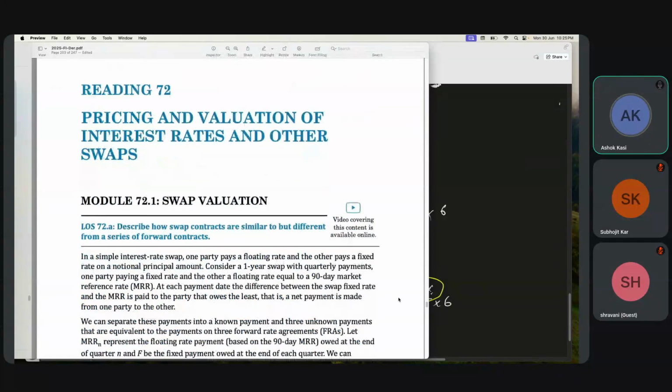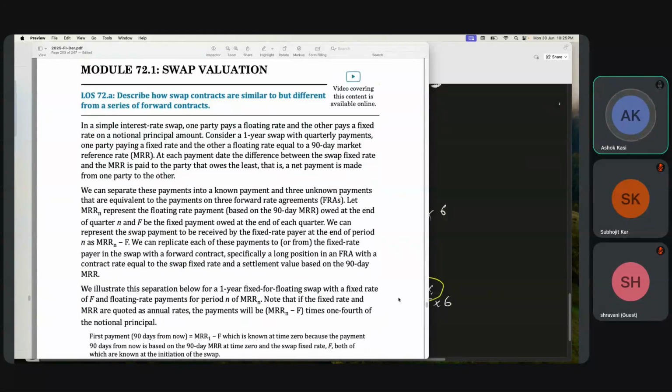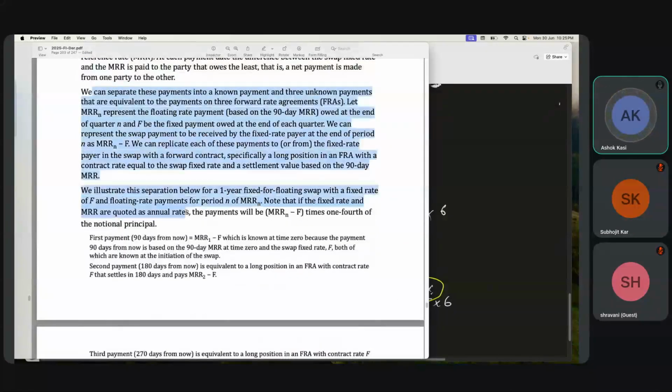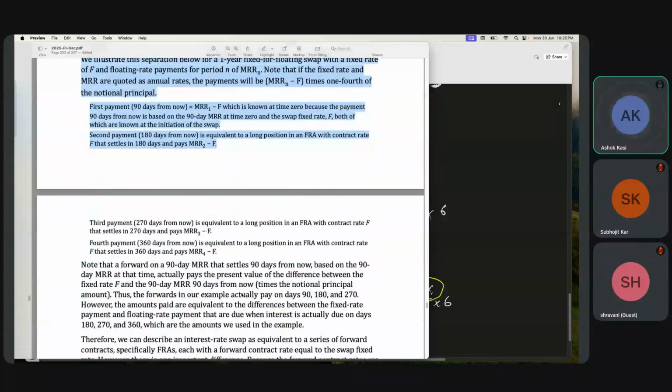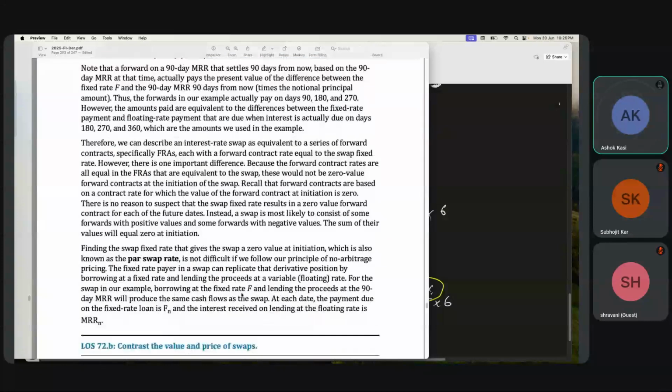Reading 72, pricing and valuation of interest rate and other swaps. Here you don't have to read all this. These are not required. Too many notations are there. You will eventually understand automatically.